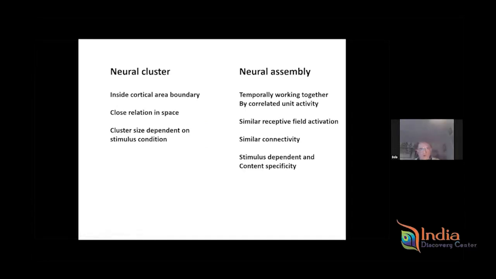Notice that we used to say neural cluster and neural assembly.